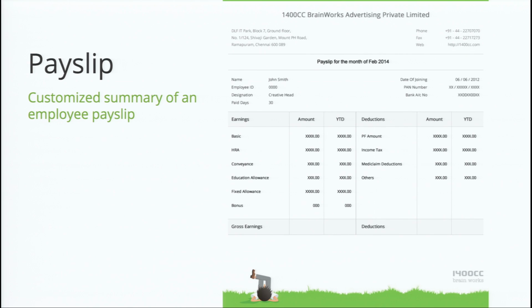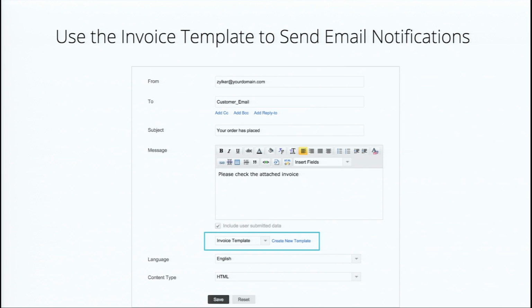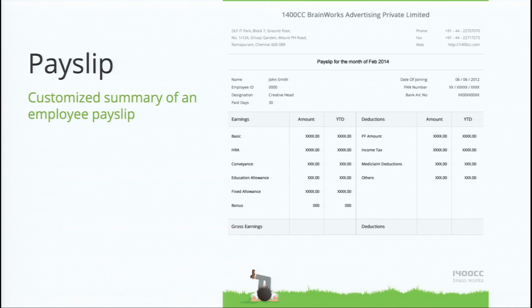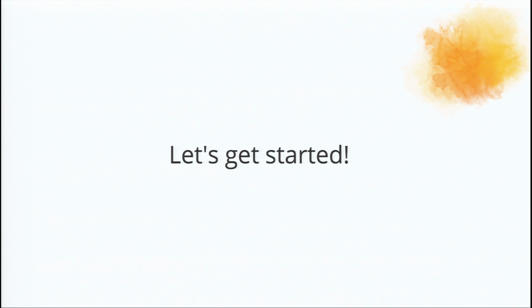So all the process gets automated. Something like a business card for all your employees, or, as I said, we can send invoices to our customers. So that's it from the record summary.